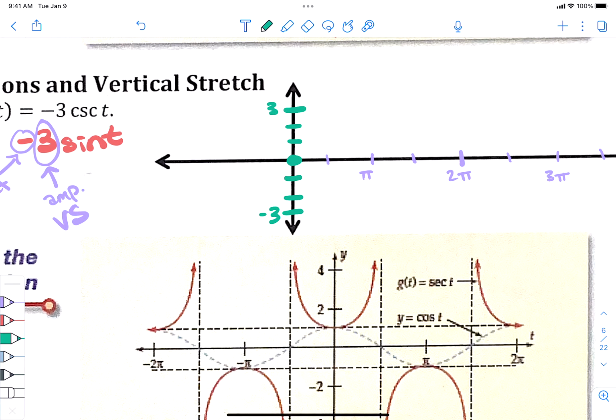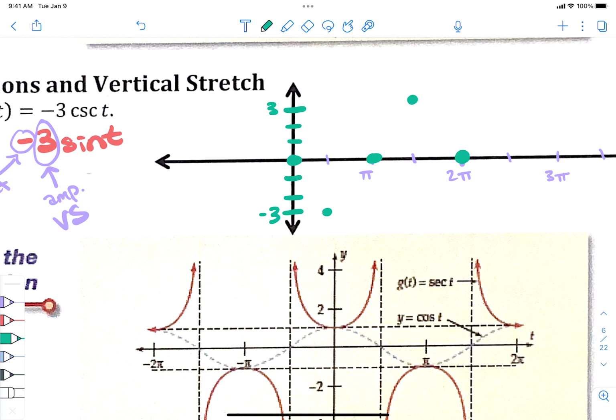And instead of going up to 1, we're going to go up to 3, but we're not going to go up to 3 first. We're going to go down to -3 because we reflected it, right? So this middle point is going to go down to -3. Then we're back to center. Then we're up to 3. Then we're back to center.